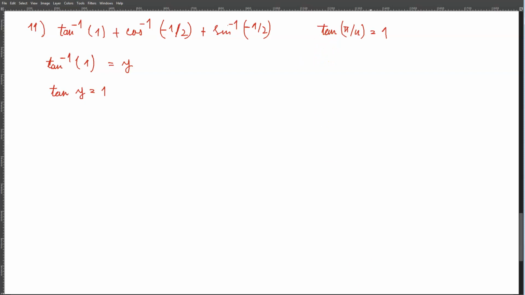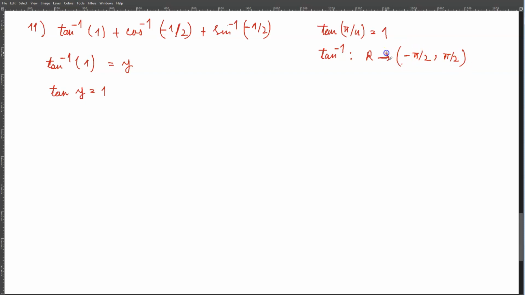And the range of the tan inverse function is negative pi by 2 to pi by 2. The tan inverse function goes from R to the open interval negative pi by 2 comma pi by 2.